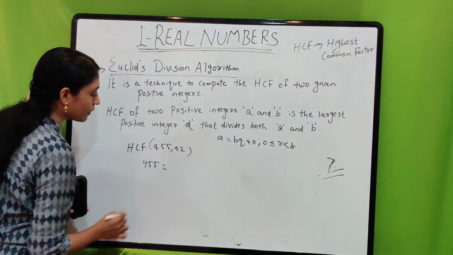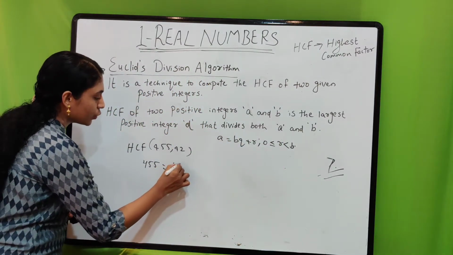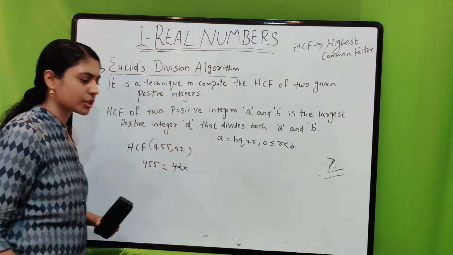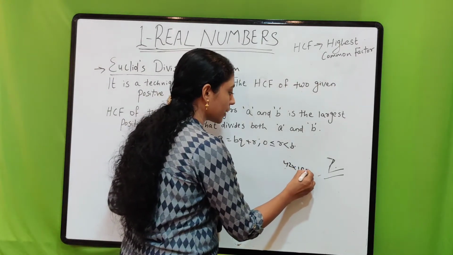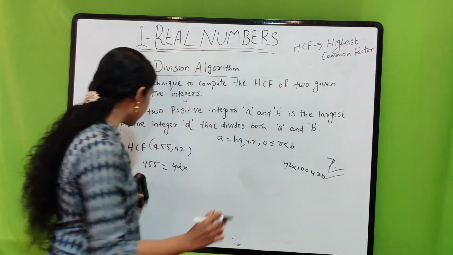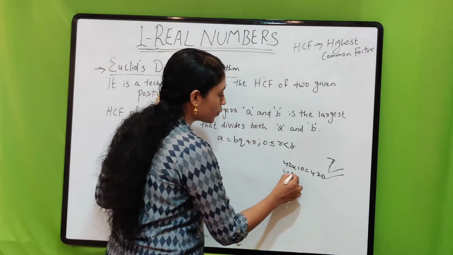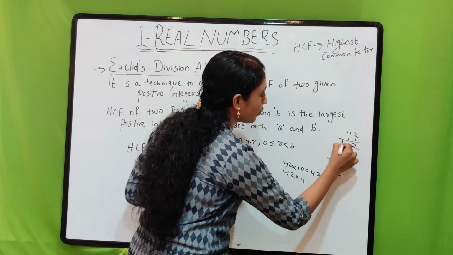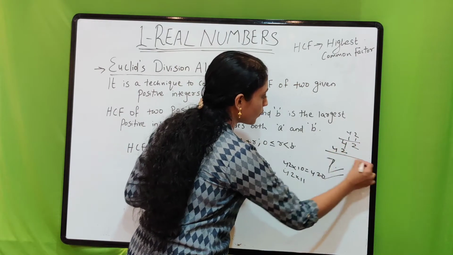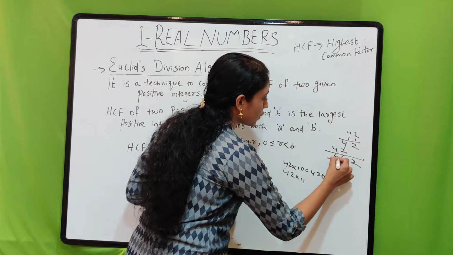So 455 is equal to 42 into, what will be the quotient? 42 into 10 is 420, right? Which is less than 455. 42 into 11, what is the answer? 1 2 is 2, 1 4 is 4, 1 2 is 2, 1 4 is 4, then 4 plus 2, 6, 462.